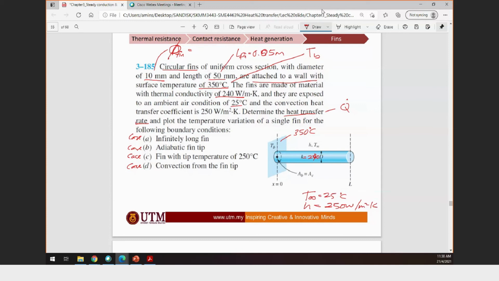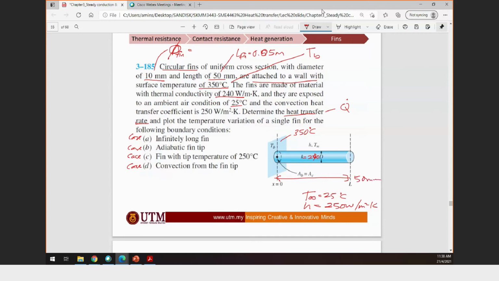The heat transfer is just a single value, but the temperature distribution is a function of x. So probably you need to divide L into several points. For example, this length is 50 millimeter.